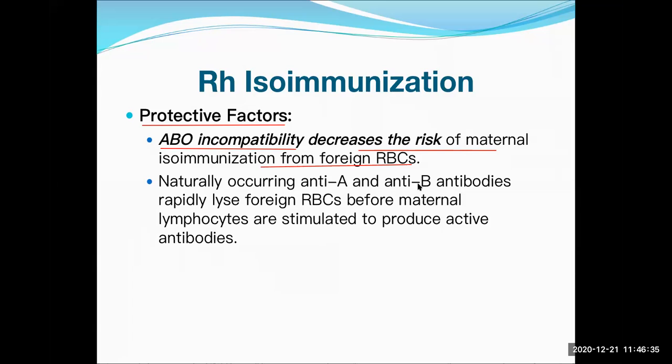So there is no time for these Rh positive RBC to mount the reaction. That's why it is known as a protective factor. Naturally occurring anti-A and anti-B rapidly lyse the foreign RBC before the maternal lymphocytes are stimulated to produce active antibody. So this is the reason.